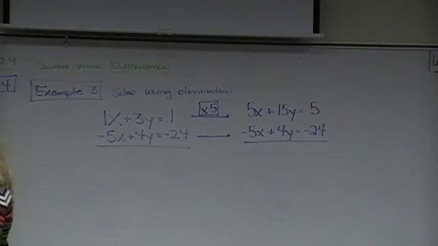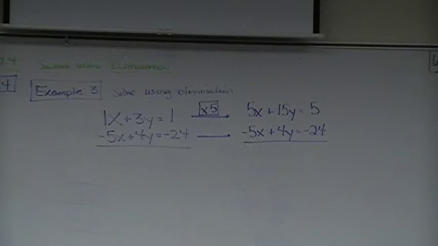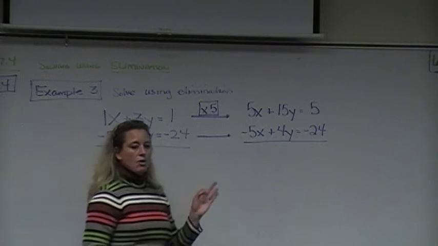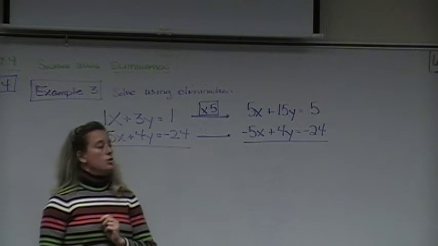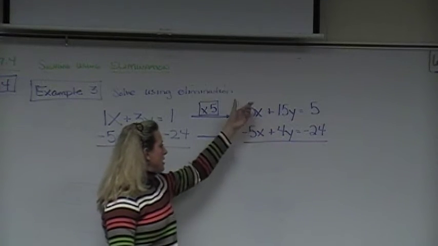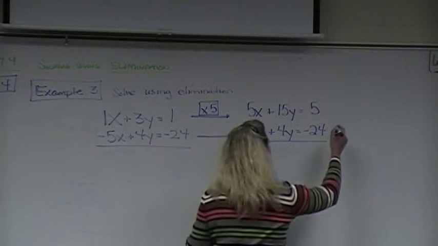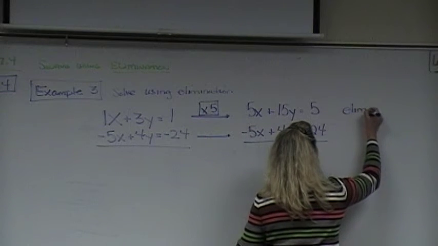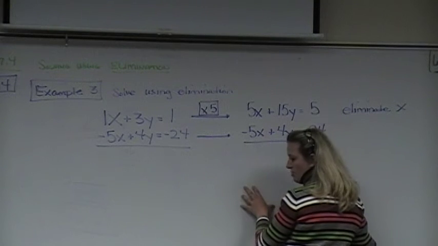Now that I've done the multiplication, I've gone back to what we learned in 7.3. Can I add or subtract to eliminate a variable? With that one step, I'm doing exactly what I did in the first 2 examples. Which variable am I going to eliminate by adding or subtracting, my x's or my y's? My x's, exactly. But what do I need to realize about the signs in front of my x's?